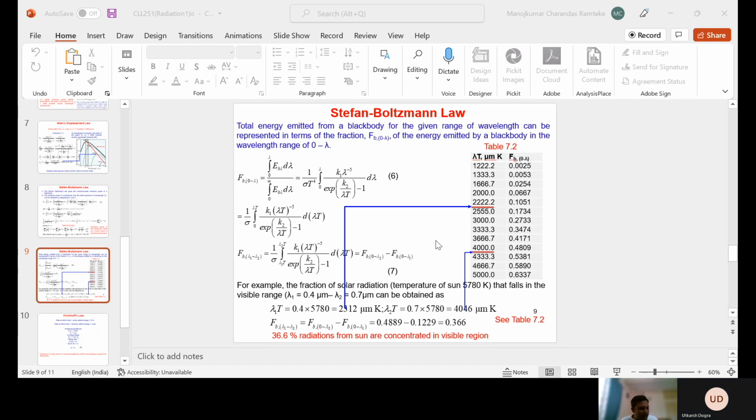And the other value is 1500, which will be between 1333 and this, isn't it? Yes, in between, sir. So I have just taken the average of these two values as the F factor for the value in between. Is it clear? Yes, sir. Clear.